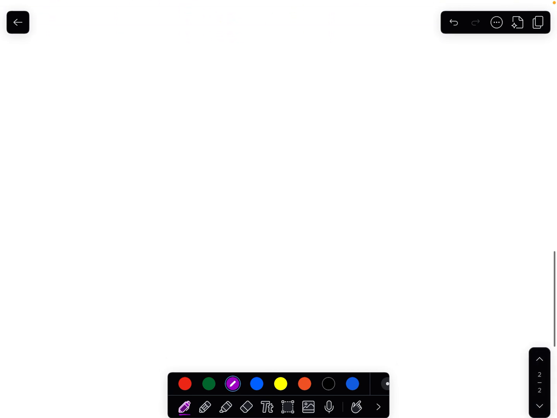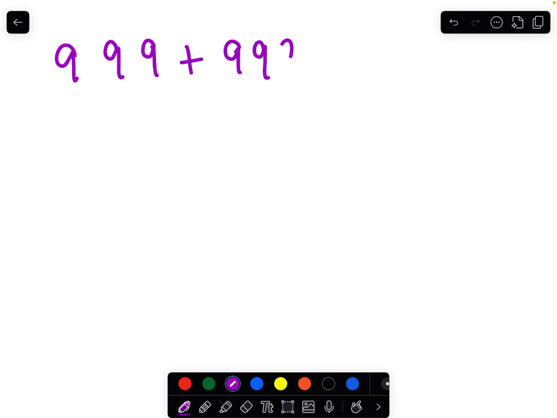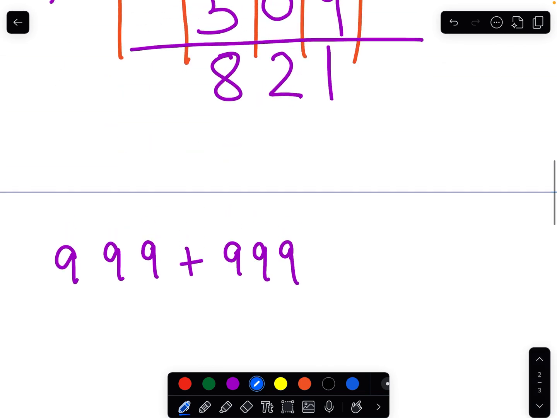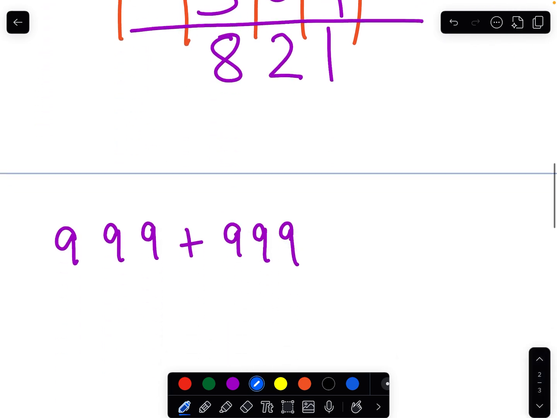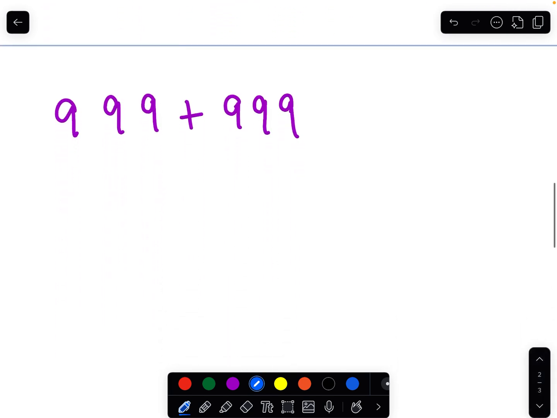Let's try a very hard problem. Let's do 999 plus 999. Ay caramba, that's a big problem. A lot of 9s here. We're definitely going to have to regroup. And now, remember, you can always make your columns to help you keep place value. If you don't need it, that's okay.